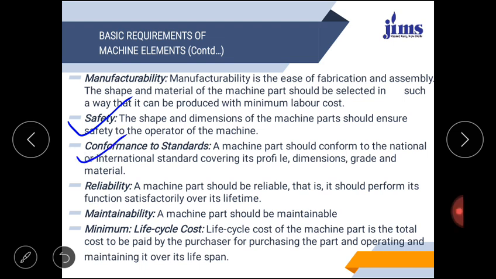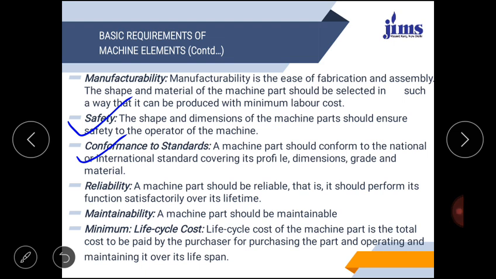Conformance to the standard. A machine part should conform to the national or international standards covering its profile, dimensions, grade, and material. This is another very important parameter for machine design, because these standards and codes have been designed by various societies and organizations, so that uniformity could be maintained all over the world.